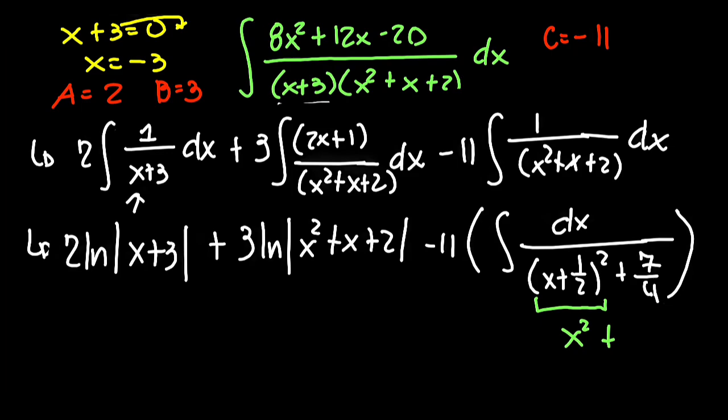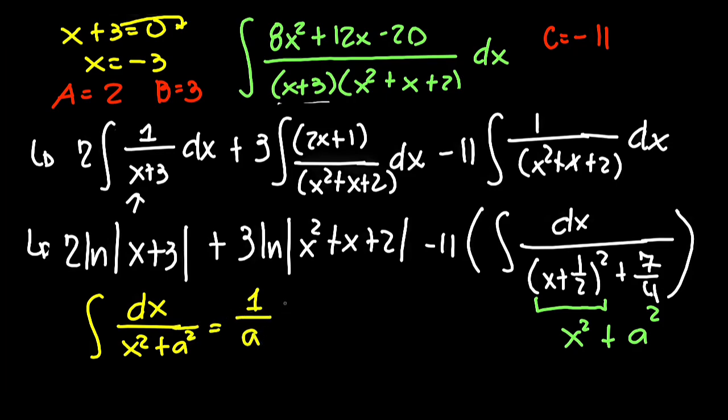We can think of this as a squared since it is a constant, so just put it as a, because what we're going to do here is use a formula from the inverse trigonometric. This should be the integral of du or dx all over x squared plus a squared, which is equal to 1 over a multiplied by the inverse tangent of u or x over a, plus the constant of integration.